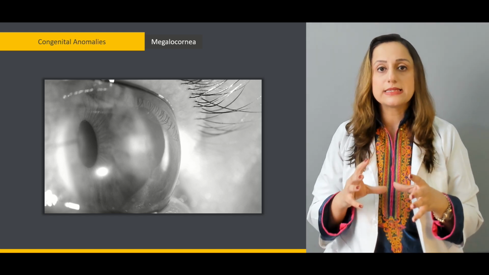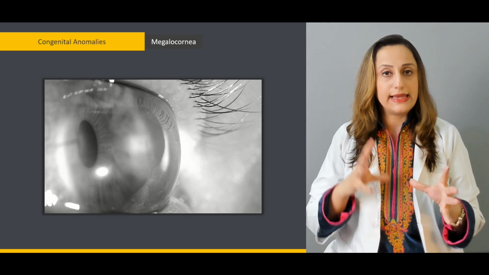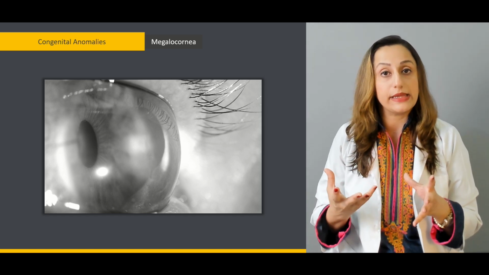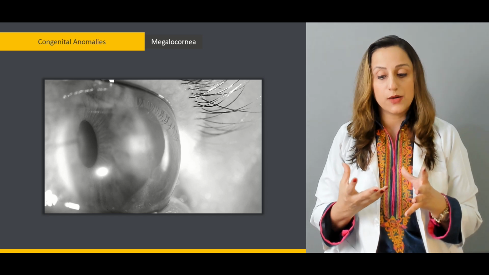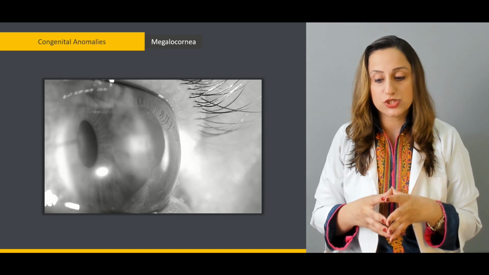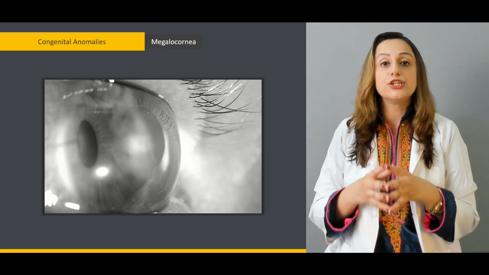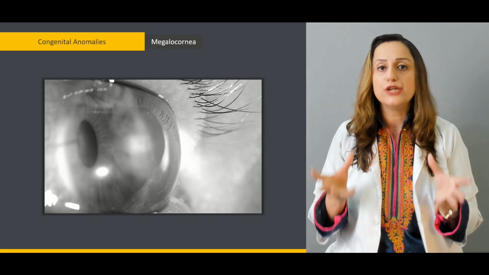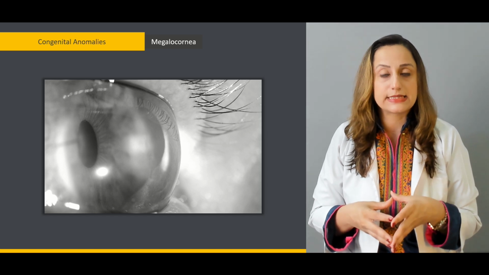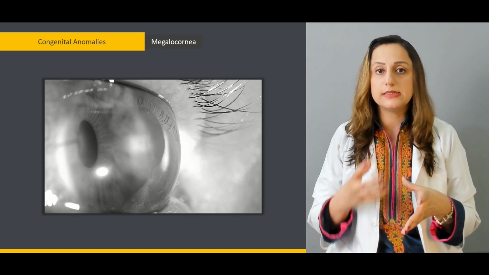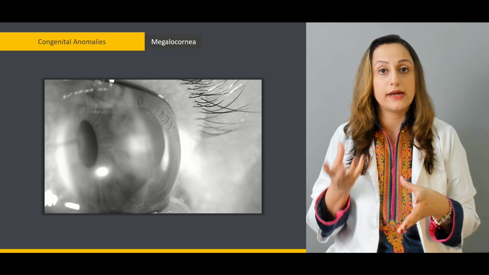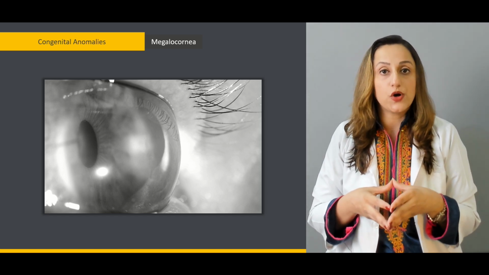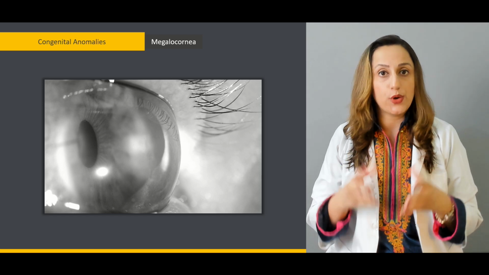So you have to measure whether the child is suffering from some sort of condition, because usually megalocornea presents with buphthalmos, or the child is suffering from a condition known as keratoglobus. So these are the usual conditions, and you measure the size of the cornea and assess whether this child has megalocornea or not.